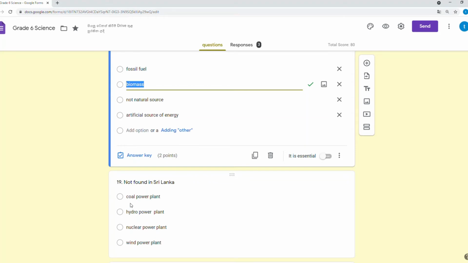And the other one, when you get into Puttalam or Norochcholai, we have a coal power plant there, or power station. We use coal. And when you get to the Hambantota area, we have a wind power plant. So in Sri Lanka, we have coal power, hydropower and wind power. But still in our country, we don't have a nuclear power plant or station.